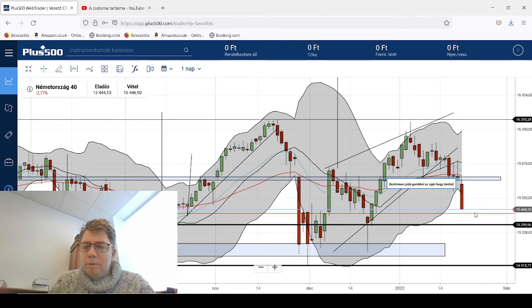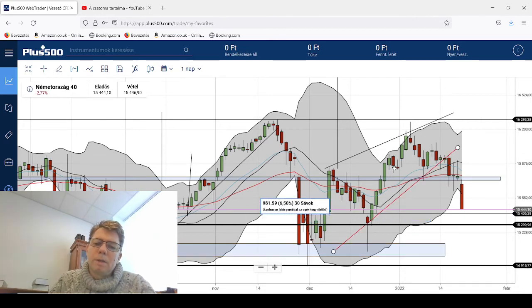We might, should we break down, then 15,300. Should we break down, then this area is my next price target here. The last one is 14,915. It is very possible, because these are sort of small resistances, support lines, that we come down to this area.